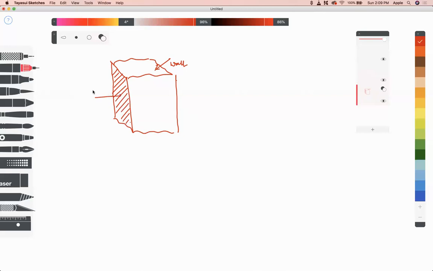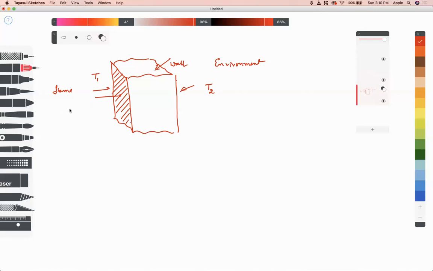Heat is given to that area from, let's say, a flame. The temperature on this surface is, let's say, T1, and the temperature on the other surface, which is exposed to the environment, is, let's say, T2.